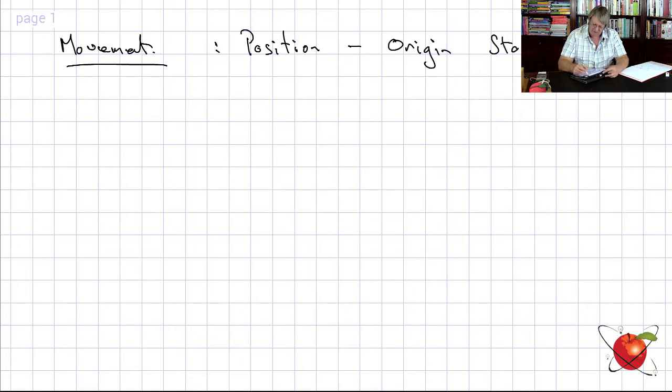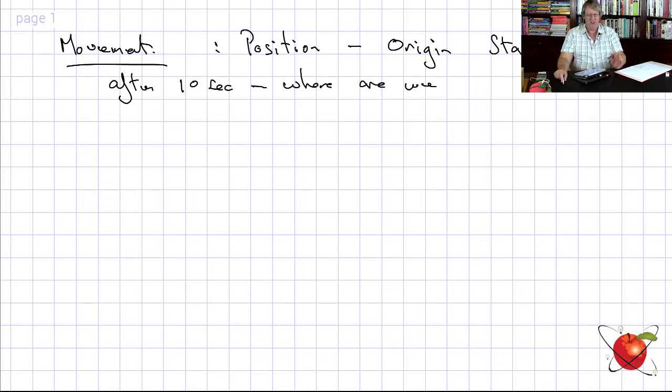The origin is the start point, the point where we're starting. Now, the position can be at any point in time. So the position is after, say, 10 seconds, where are we? It just says where we are after time.